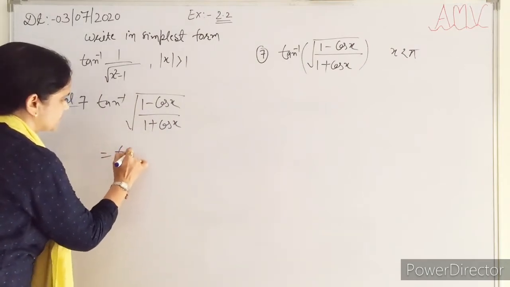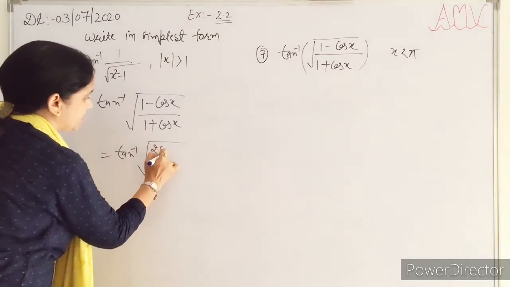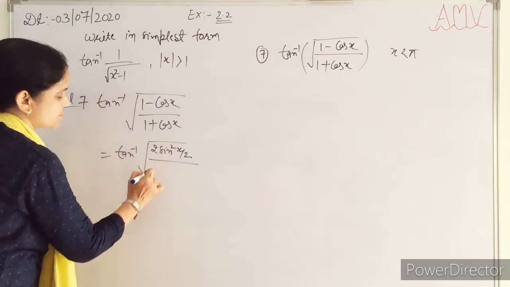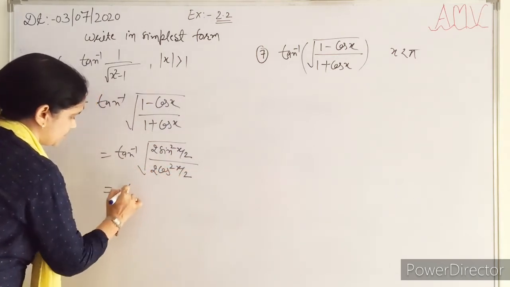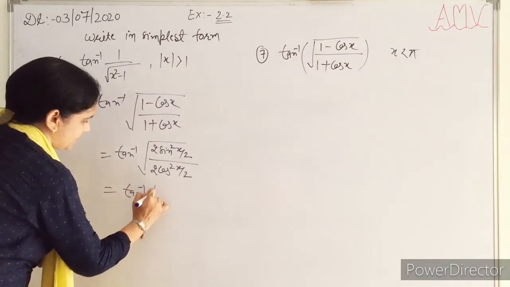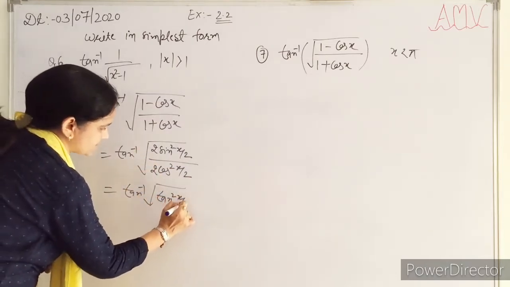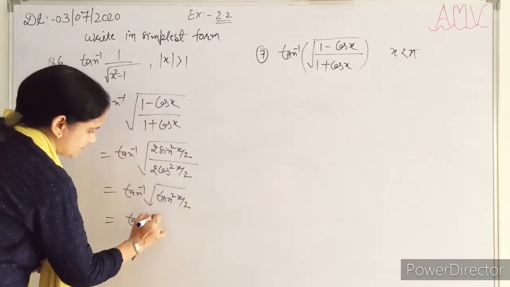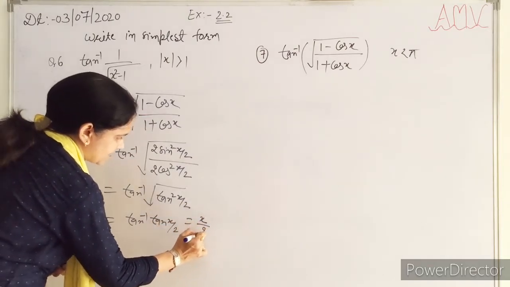So it is tan inverse under root of 1 minus cos x, which is 2 sin square x by 2, and 1 plus cos x, which is 2 cos square x by 2. The 2 will cancel, giving tan square x by 2. So it's tan inverse tan x by 2 and we will get x by 2.